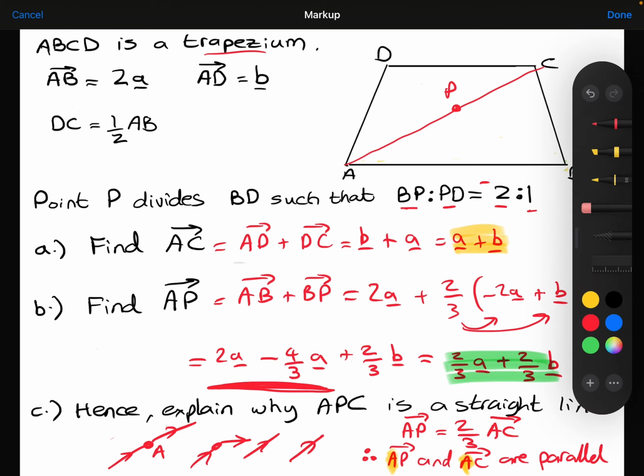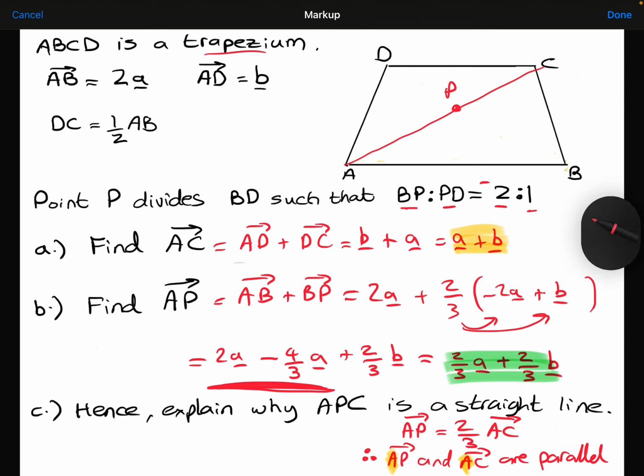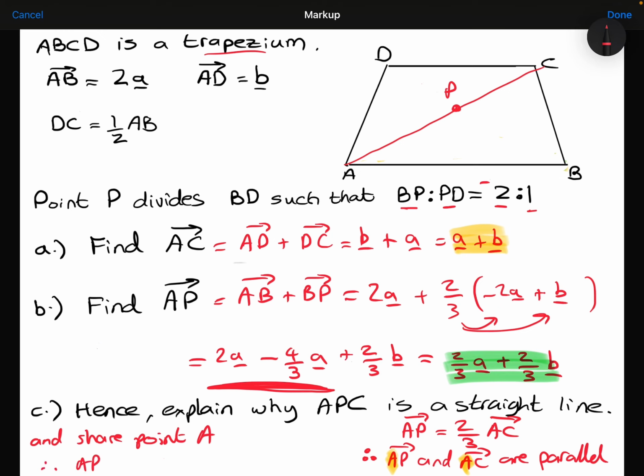If I've got two parallel vectors that share a common point, they must be a straight line. So, just to finish off part c, AP and AC are parallel and share point A. Therefore, APC is a straight line.